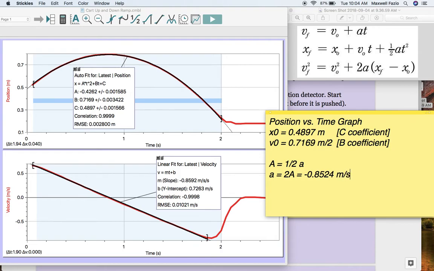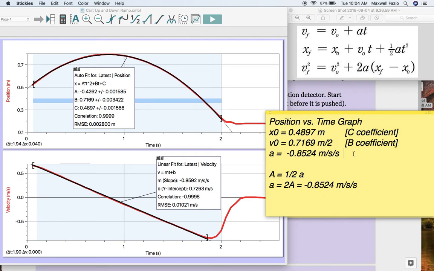And that's going to be in meters per second squared, or meters per second per second. And I can just go ahead and put that up here. Perfect. And that is 2 times the capital A coefficient, which gives us our acceleration. Cool.